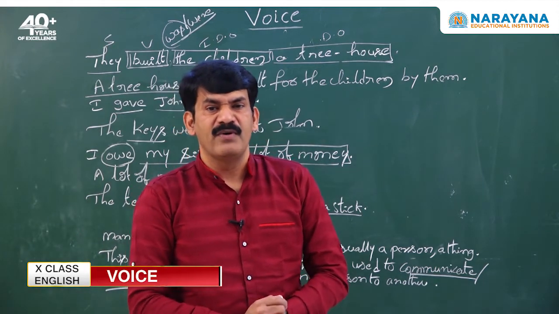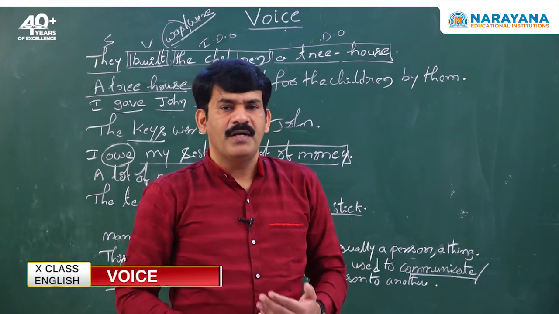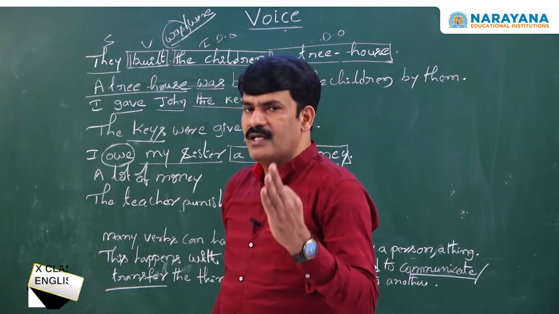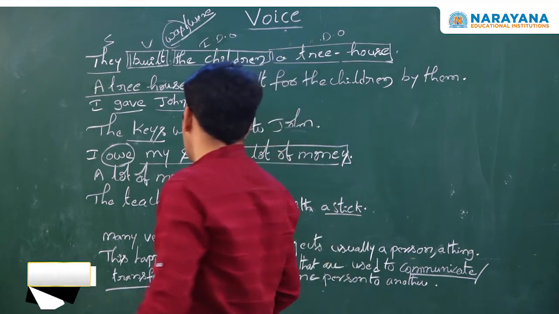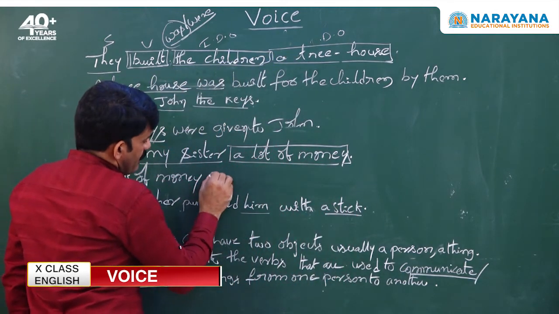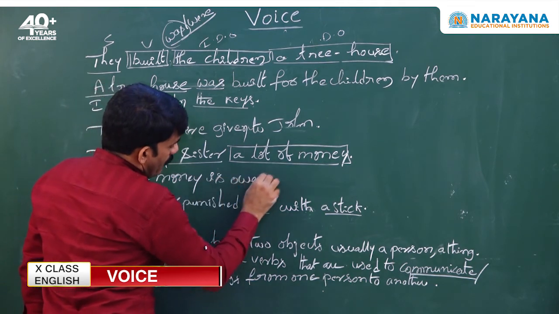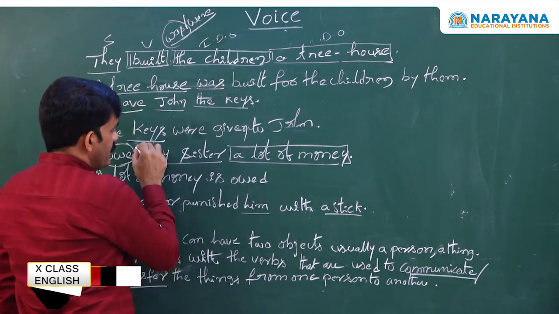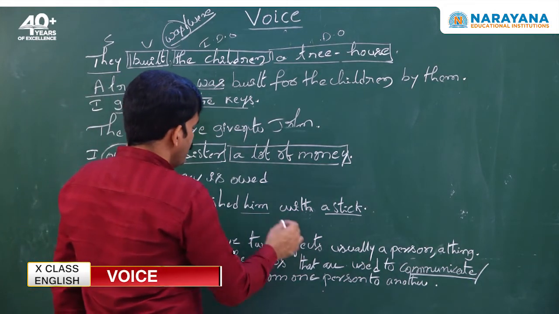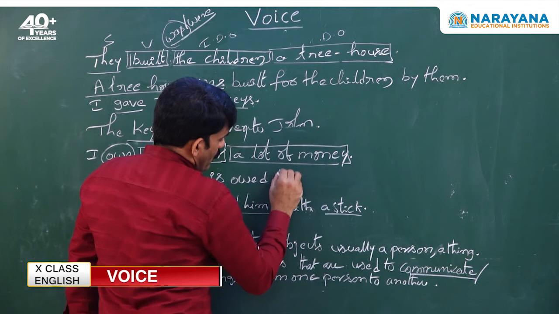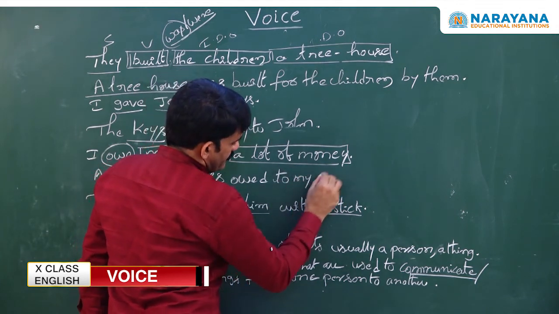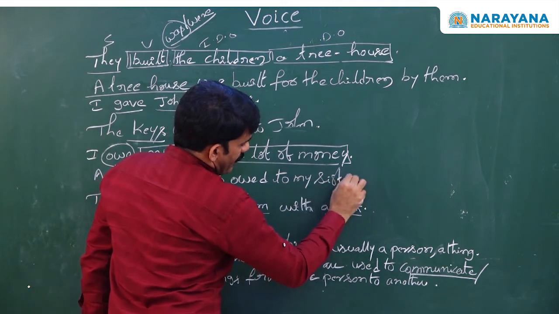V1 is seen only in simple present tense. What are the be forms of simple present tense? Is or am. So as money is singular, let me take a lot of money is owed. Owed to whom? I am introducing my second object. When I am introducing my second object, I need to introduce it with the preposition. What is the preposition? To my sister.